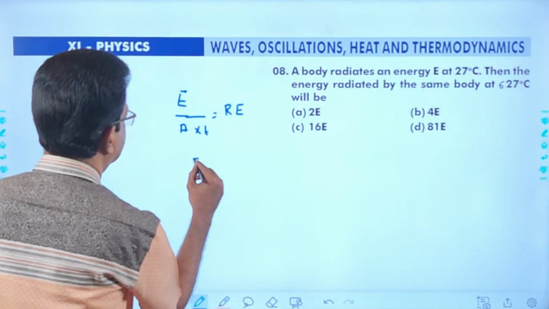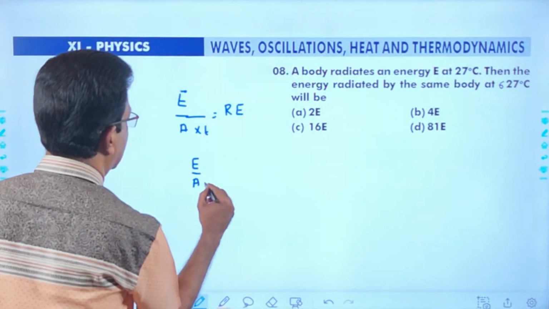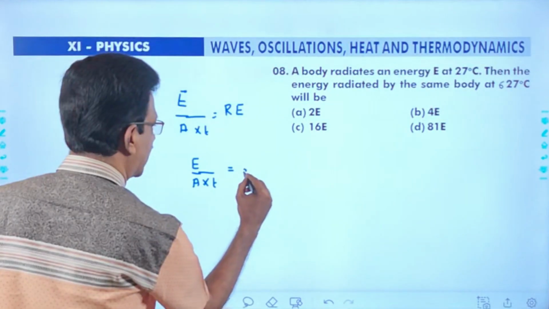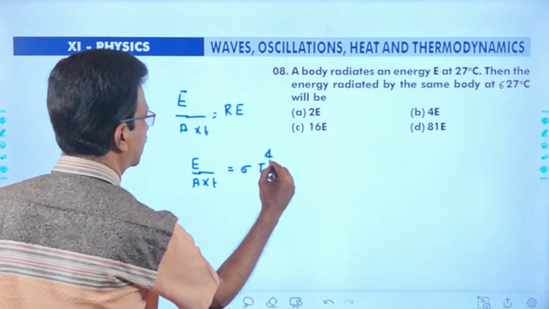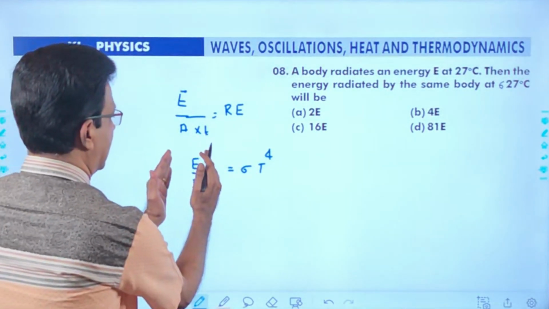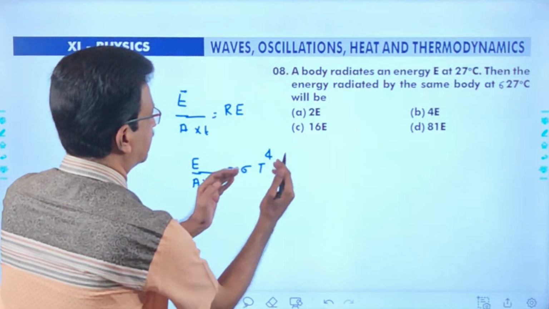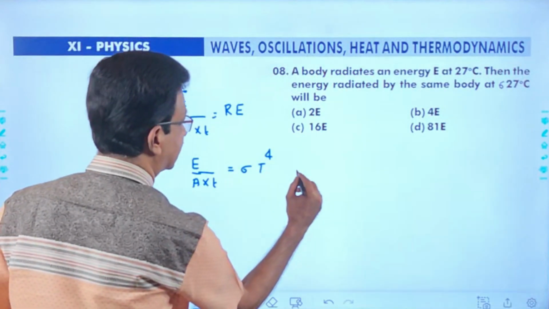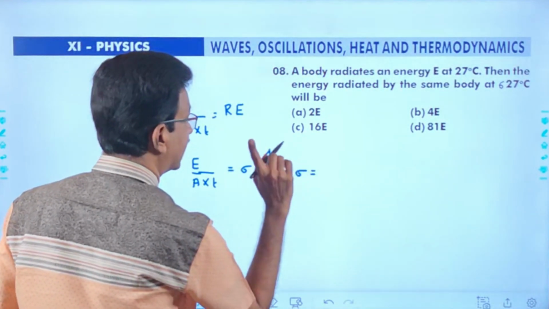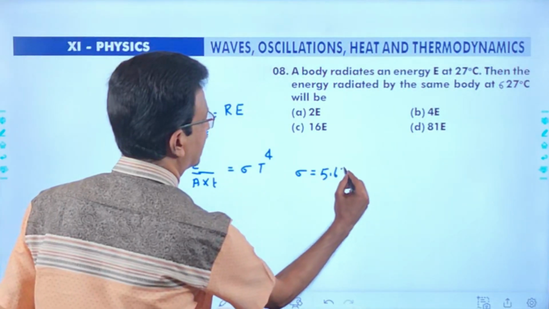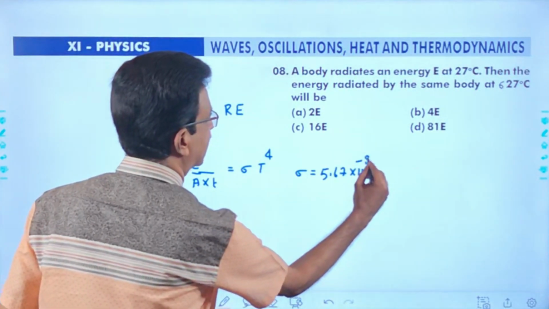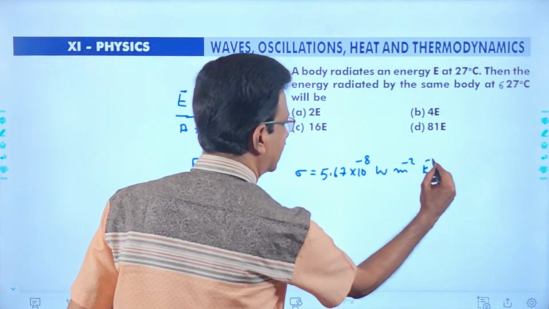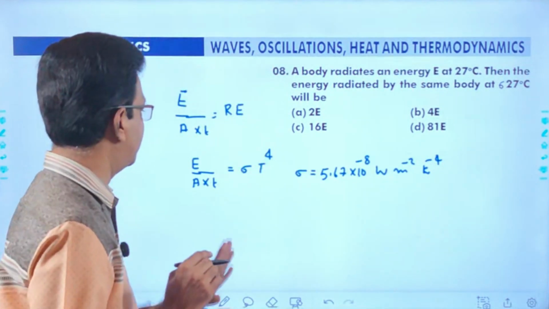That is, the energy radiated from unit area in unit time is proportional to, then equal to, a constant times the fourth power of the absolute temperature. This proportionality constant sigma is called Stefan's constant. Its value is 5.67 into 10 raised to minus 8 watt per meter square per Kelvin raised to 4.